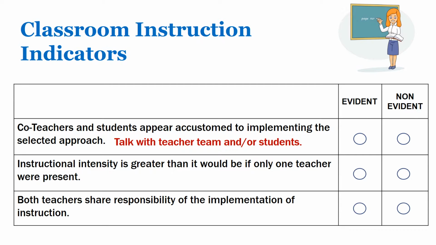As the observer, you're greatly encouraged to talk with both the teachers and the students. If co-teaching is truly being embraced, you will quickly find out through these conversations. If the intensity of the instruction you observe is really no different than what you might see in a regular classroom, then co-teaching did not occur there either.